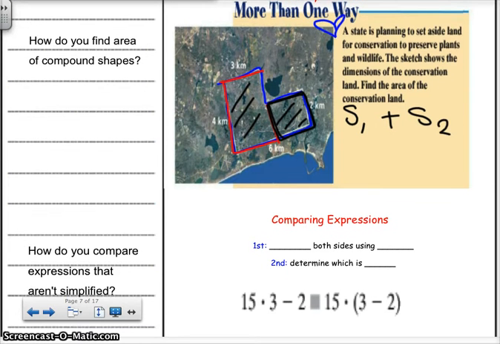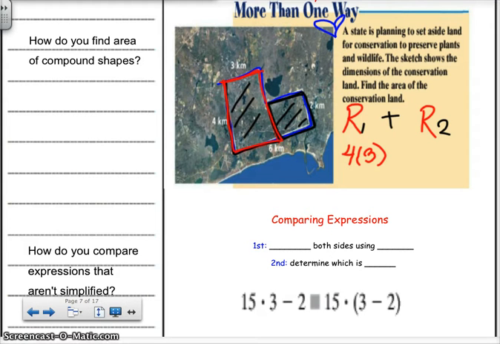Okay? So this big rectangle here, how do I find the area of this big rectangle? Yep. So the big rectangle is 4 times 3. I sure made it look confusing. It just means rectangle 1 plus rectangle 2, okay?